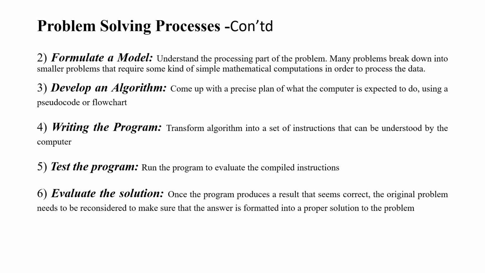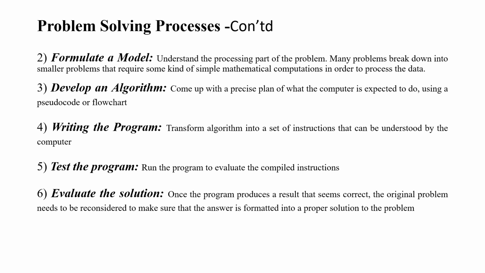If you have developed your pseudocode or your algorithm, then you can now move to the fourth step. The fourth step is write the program. Transform your algorithm into a set of instructions that can be understood by the computer. The pseudocode cannot be understood by the computer because it's English. The same thing with the flowcharts. The computer doesn't understand English.